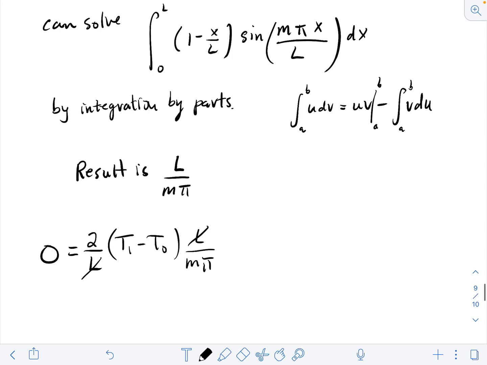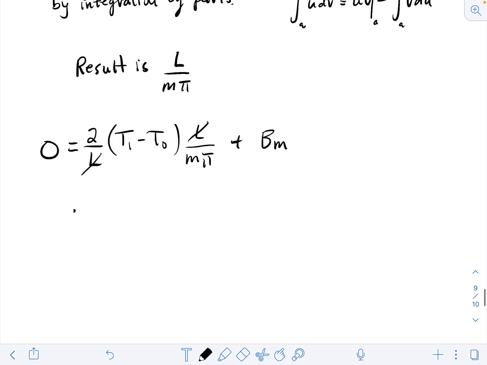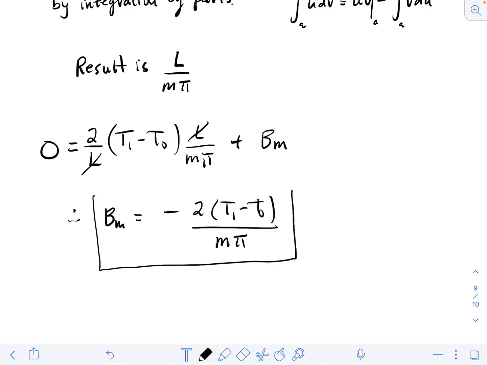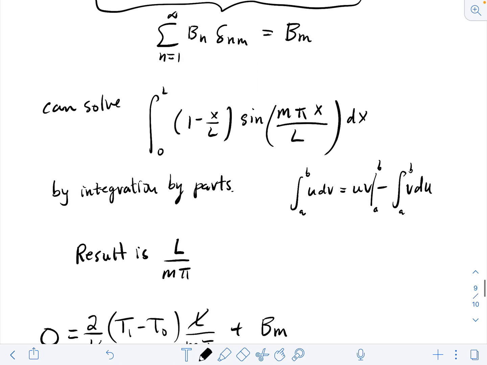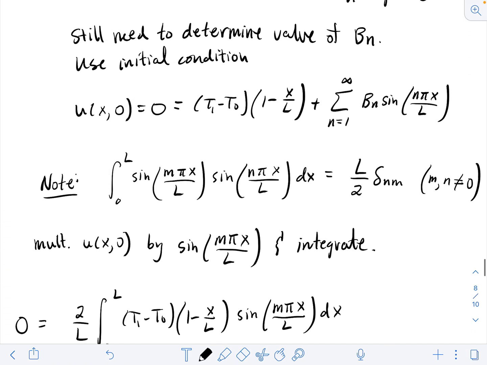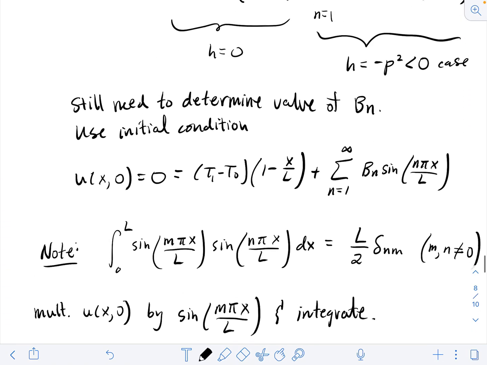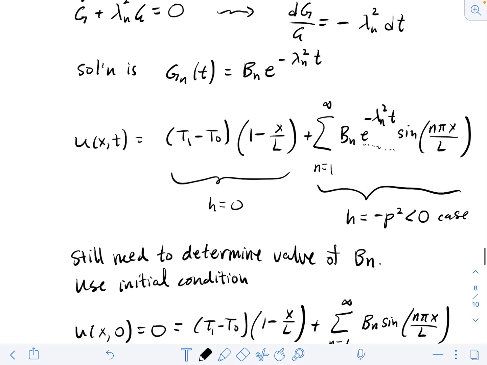And then the second one was just plus B_m. And so therefore, B_m is equal to minus 2 (t1 minus t0) over m pi. So that was the coefficient we were trying to find. We used this trick from Fourier series to do that.